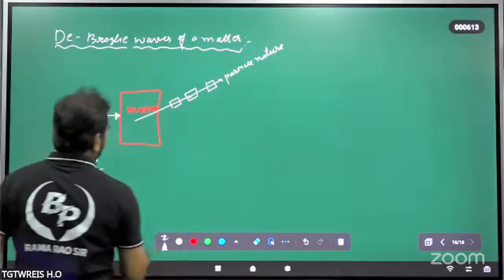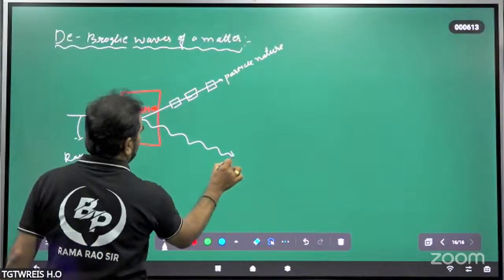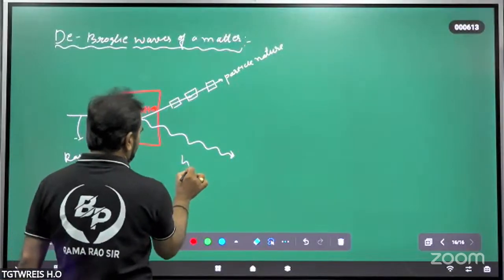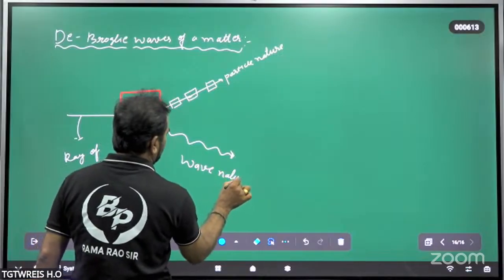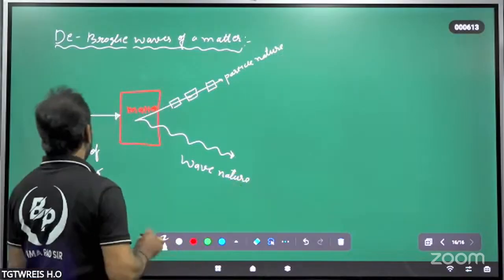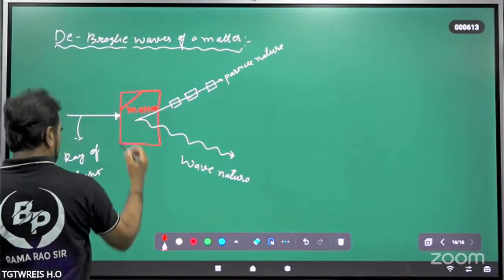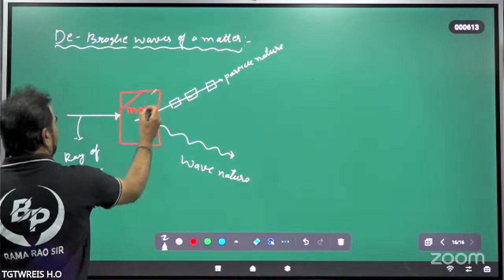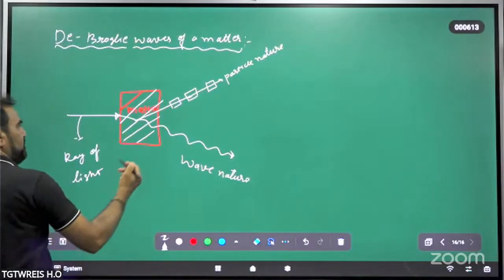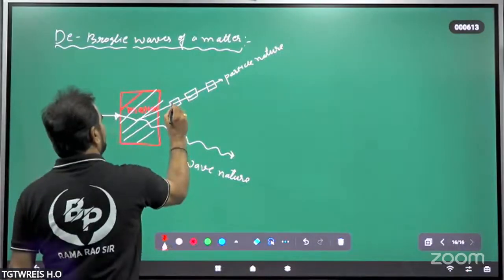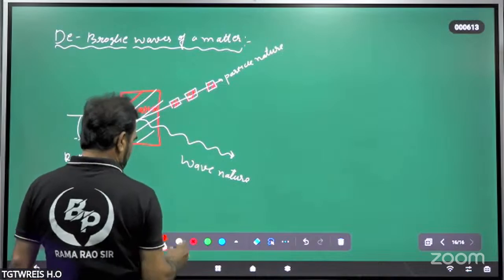And sometimes it behaves like a wave nature. When a ray of light interacts with a matter like this, sometimes it behaves like a particle nature, sometimes like a wave nature.